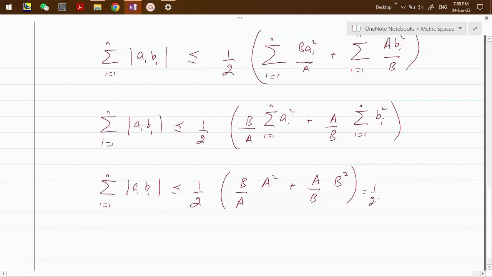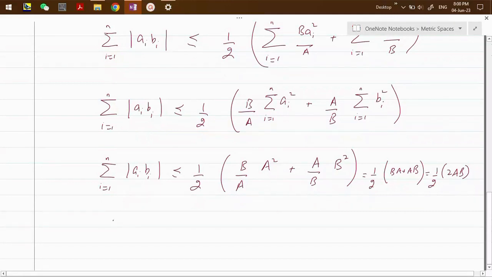When we simplify, we get 1 by 2 into ba plus ab, that's equal to 1 by 2 into 2ab. Here in this term 2 is cancelled, so summation i from 1 to n mod of ai bi is less than or equal to ab. This is named as 2.